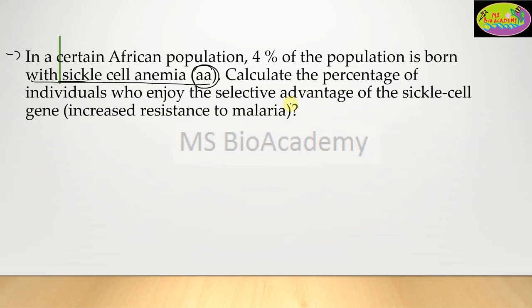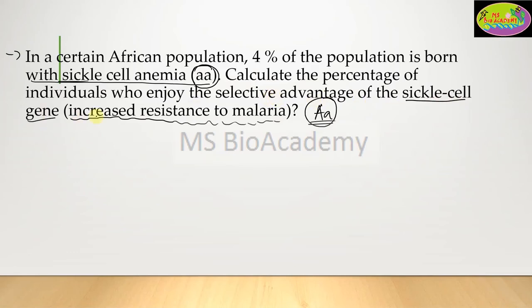Here you need to understand one important thing: what is the selective advantage of the sickle cell anemia gene? The individuals who have the sickle cell anemia gene in the carrier form are not expressing the gene, but they are providing an advantage: these individuals will have increased resistance to malaria. This is very important. So you have to calculate the percentage of individuals who enjoy the selective advantage of the sickle cell gene.